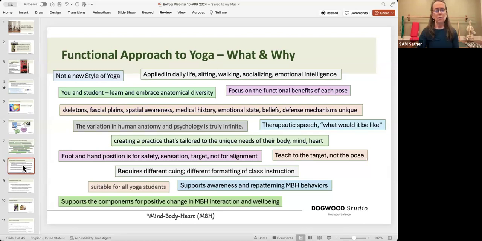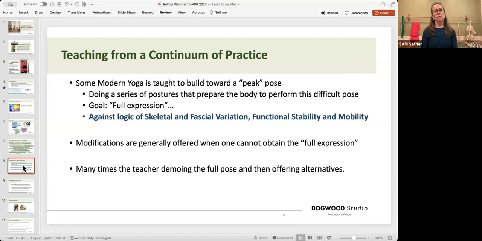So when we think of a functional approach, what really drove me to this was initially because as a nurse, and also a personal trainer for years and years, before my yoga days, I knew that, at least in my practice, it wasn't feeling good. Some of the poses that I was trying to get, that peak pose.